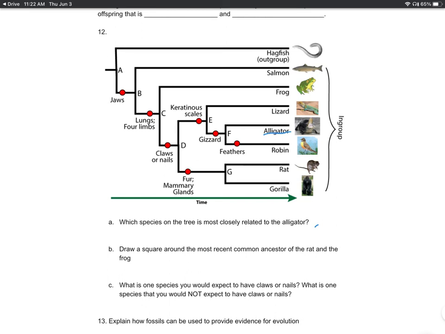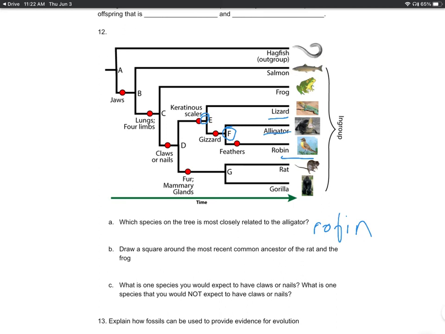The species it shares the most recent common ancestor with, which is here at F, is the robin. So the robin is the species most closely related to the alligator. It is not the lizard because the most recent common ancestor of the alligator and the lizard is here. It's further down on the tree, it's further back, it's less recent. So the lizard is not the most closely related to the alligator.